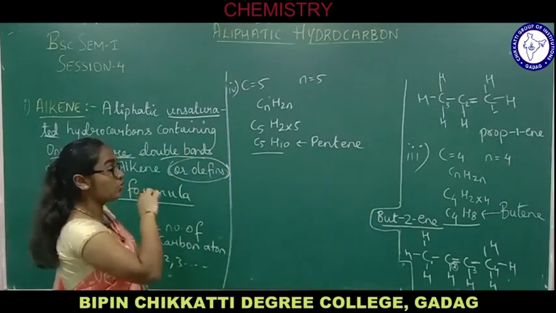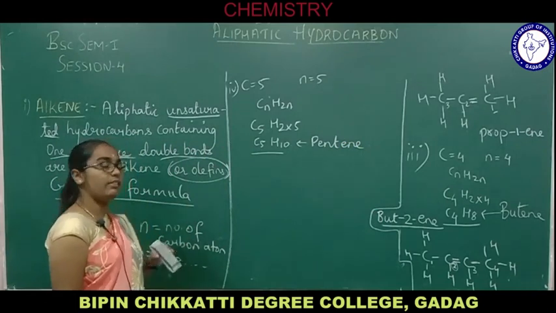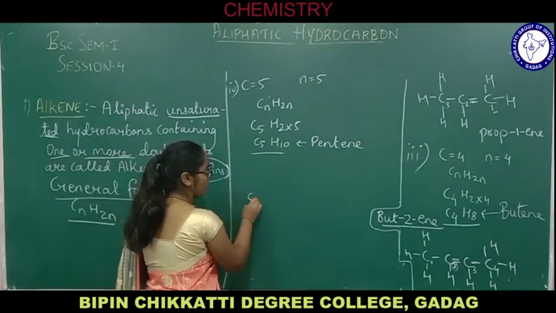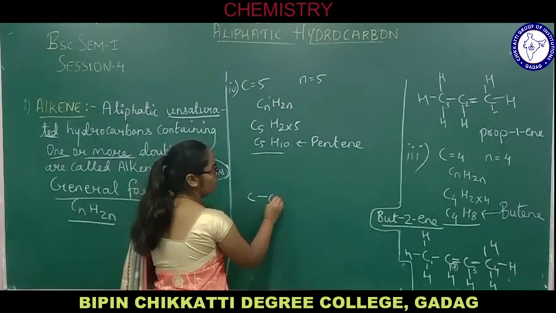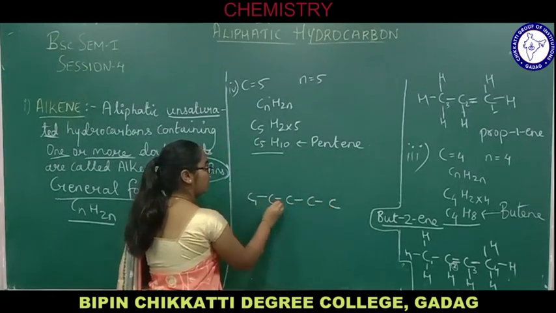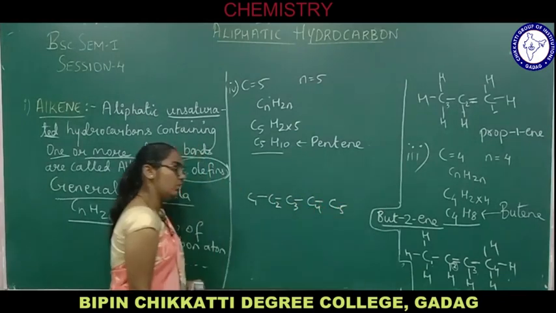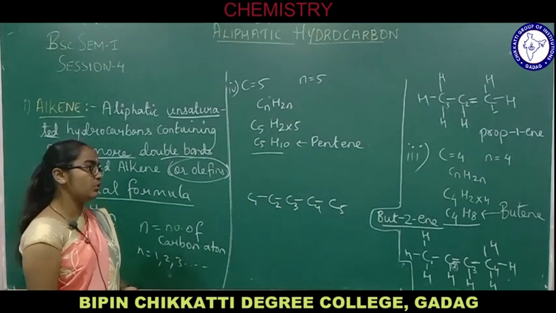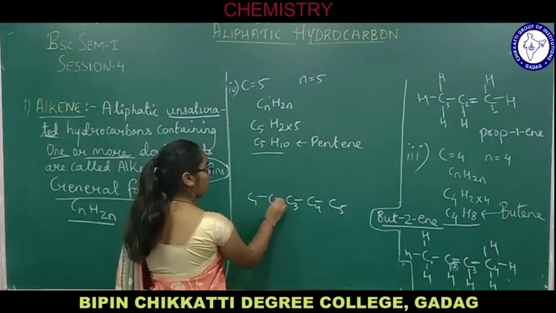Okay, now let's draw the structure of this, with the molecular formula C5H10. How many carbons are there? 5 carbons. So let's draw these 5 carbons in a straight form: 1, 2, 3, 4, 5. Now I want to place the double bond between carbon number 2 and carbon number 3.